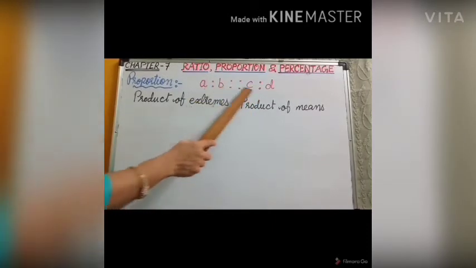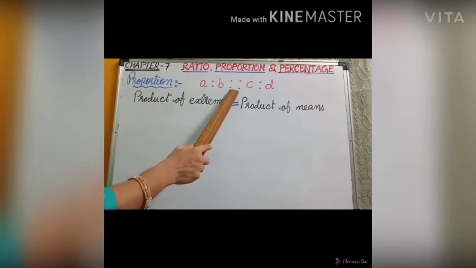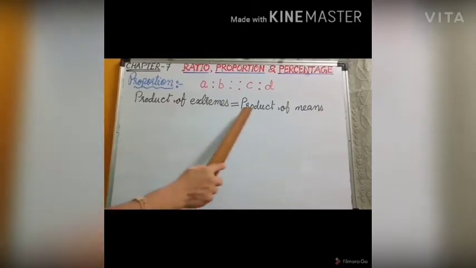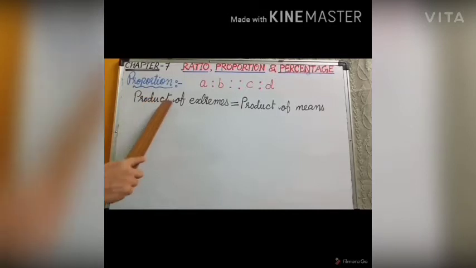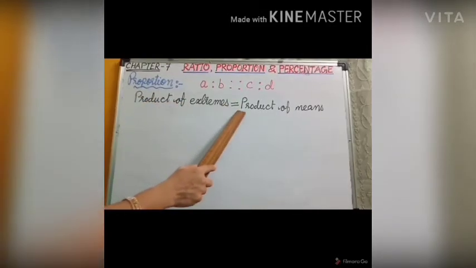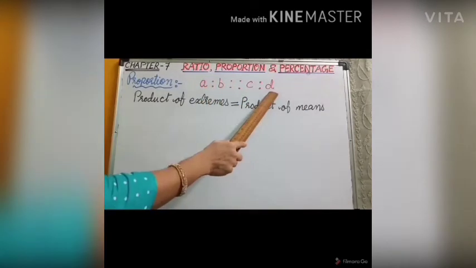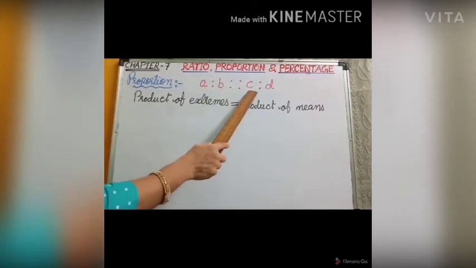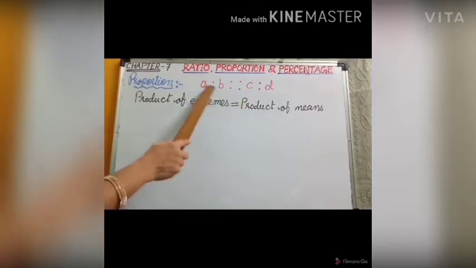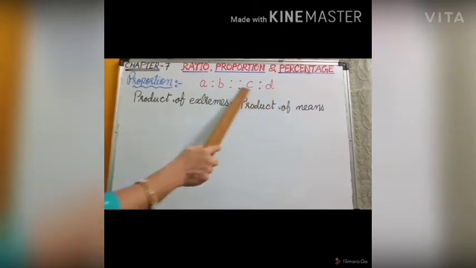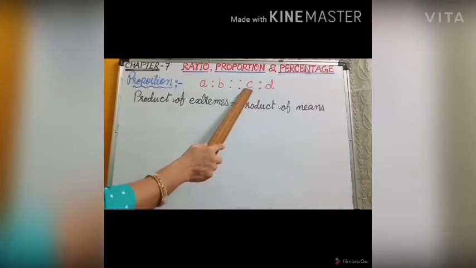If two ratios are in proportion, they will follow a rule. That rule is: product of extremes will be equal to product of means. Here A and D are extremes, B and C are means. So product of extremes will be equal to product of means.